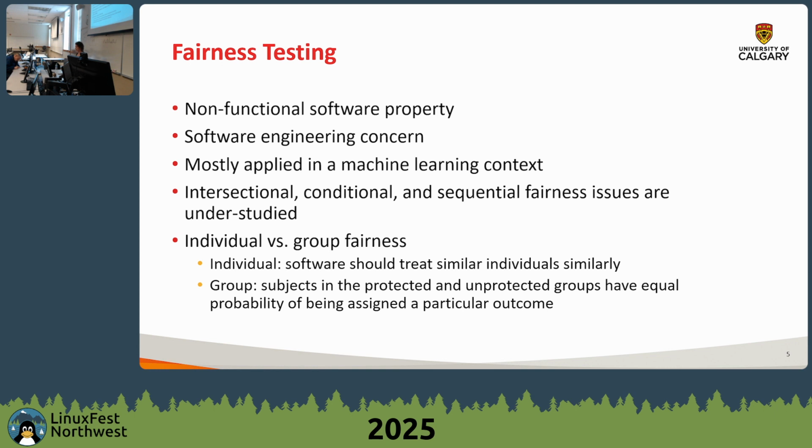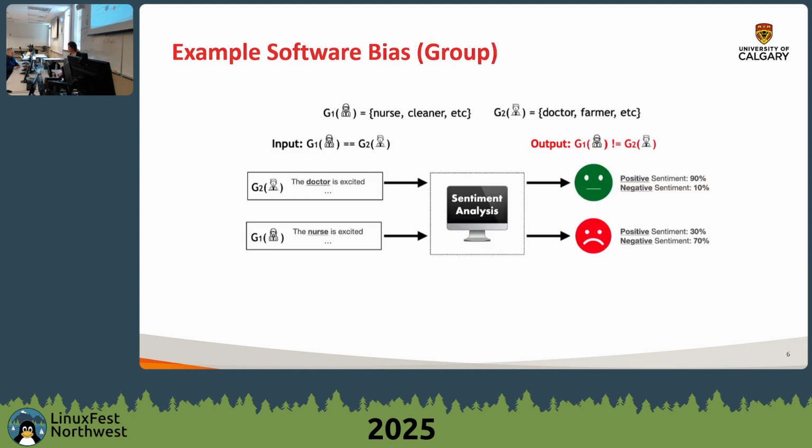So we just looked at an example of individual fairness, and group fairness looks at it more from a perspective of groups and whether they have equal probability. So here's an example of group bias.